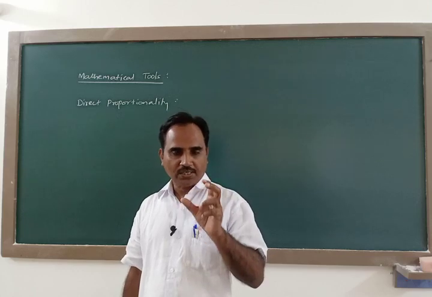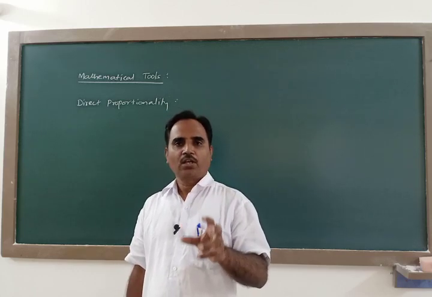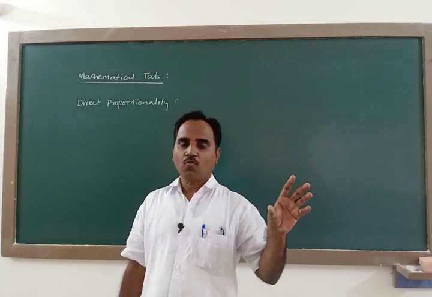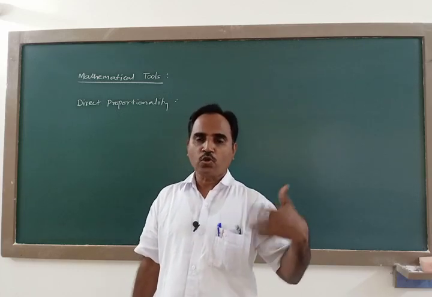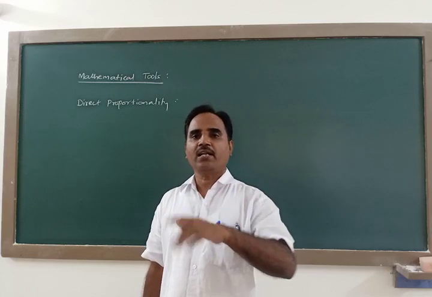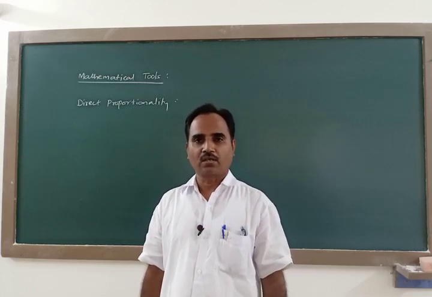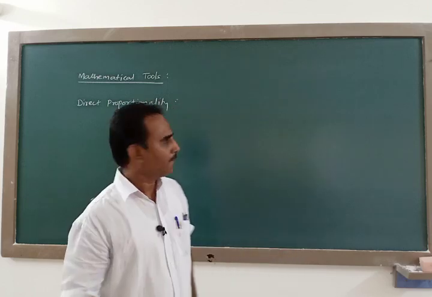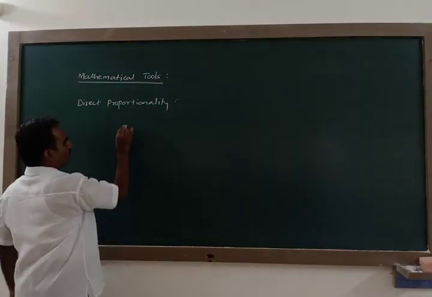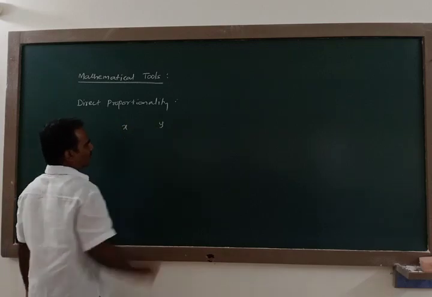Direct proportionality means if one quantity increases, the other quantity would also increase by a constant factor, then only they are said to be directly proportional. For example, here I take two physical quantities. One is x, another one is y.